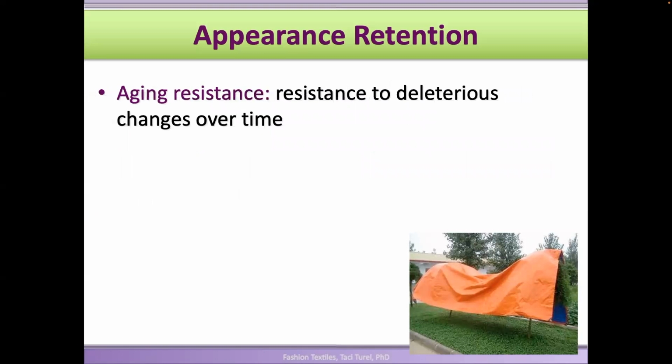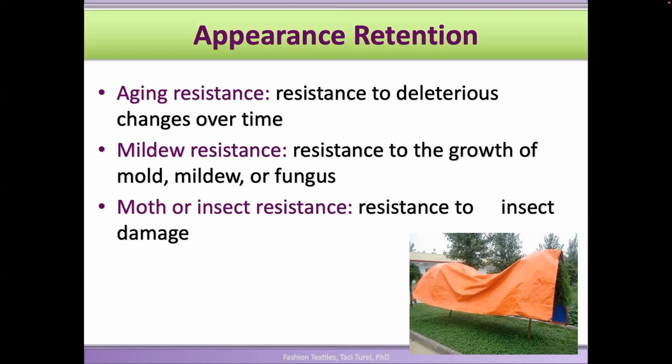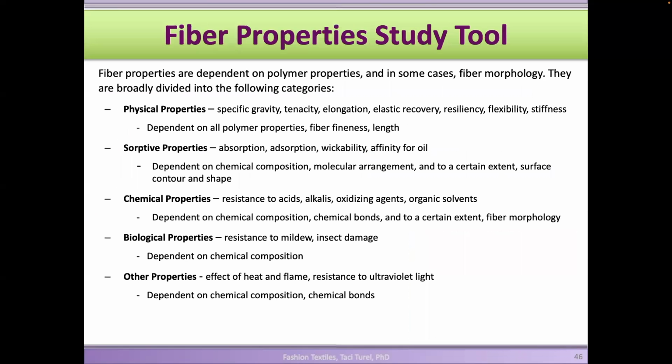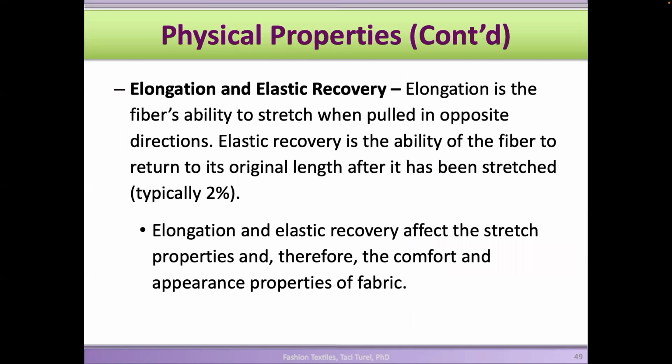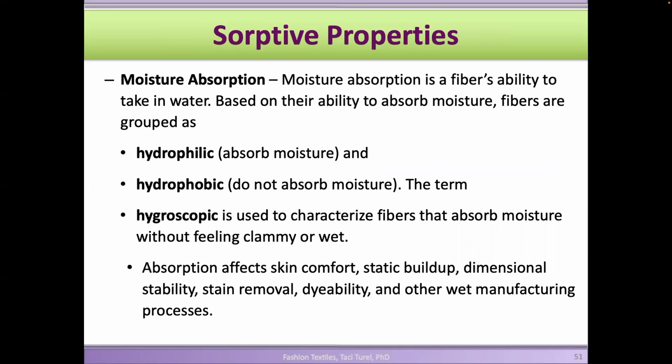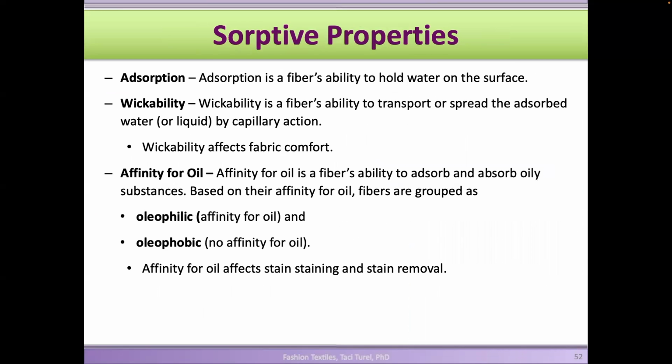We talked about aging resistance, resistance to environmental conditions, mildew, moth, or insects. There's more description of all of these terms here. One thing you should know is oleophilic or oleophobic. This is about the affinity for oil.